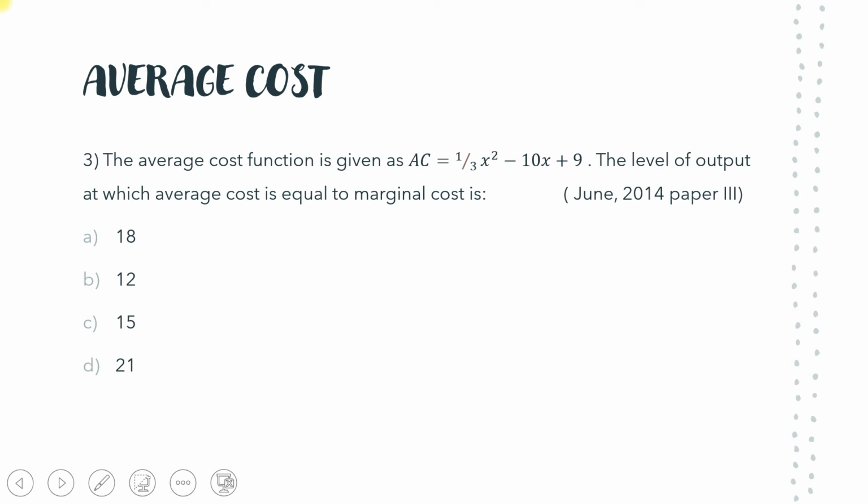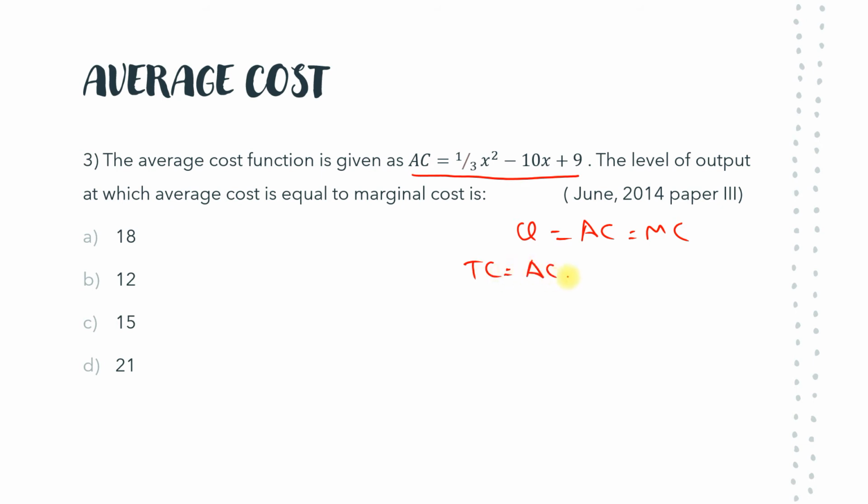Next we have the average cost function given, AC, and we need to find the level of output at which average cost is equal to marginal cost. We need to find Q at which average cost is equal to marginal cost. So first of all, we need to find total cost. So what is total cost? AC multiplied by Q. In this case Q is represented by X. So we multiply AC with X, and you will find the new total cost function is this.